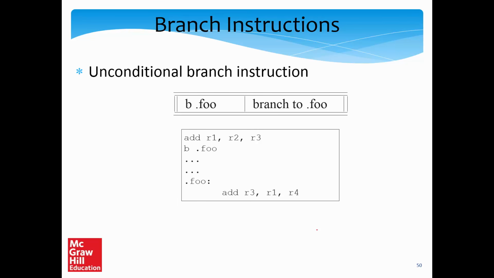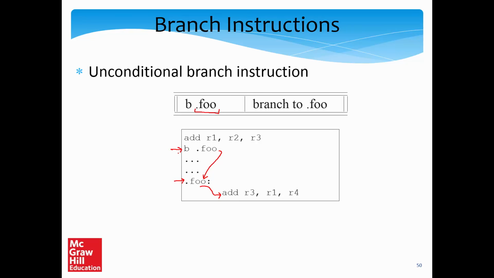As I had mentioned in some of the early slides, an assembly statement can be associated with a label, and this label can be used to uniquely identify an assembly statement. What we can later do is have a statement b foo, where the branch statement transfers the control of the program from this line to that line.